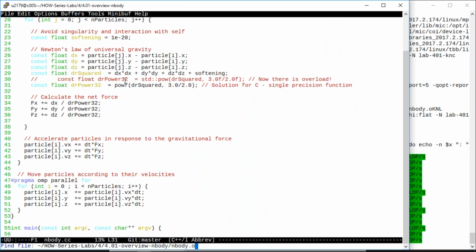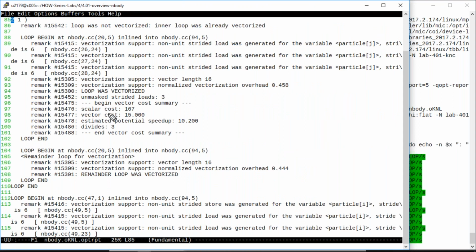And coming back to the optimization report, we see divides. Divides is a red flag for optimization. The truth is that the division floating point operation is very heavy. In session 7 tomorrow, I'm going to show you a table listing the latencies and throughputs of various instructions, and division is one of the most long latency and low throughput instructions.